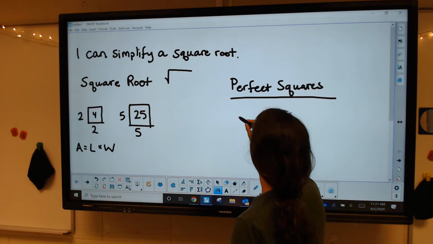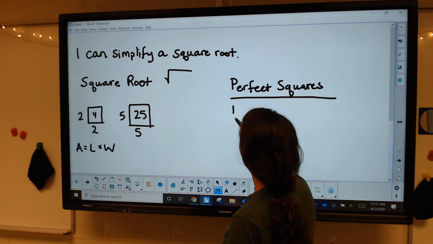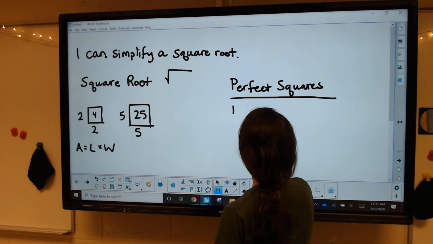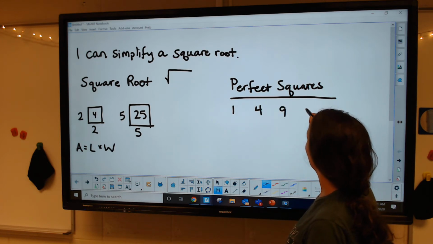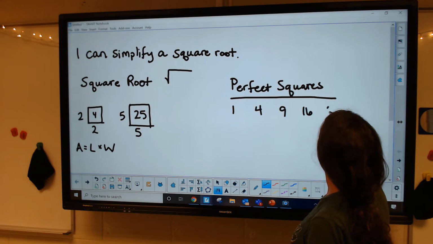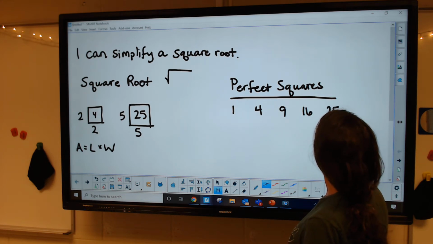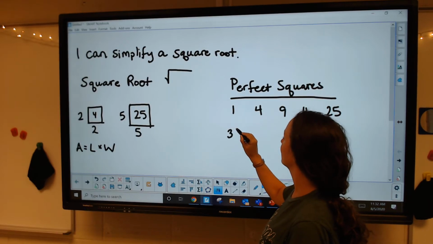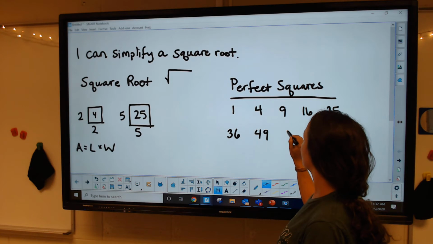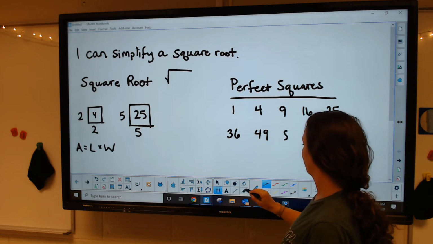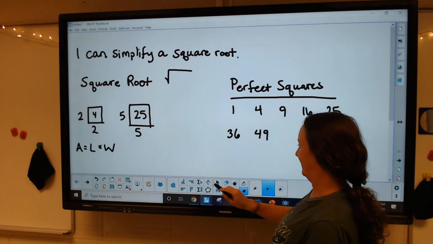So your perfect squares: you have 1 times 1 is 1, 2 times 2 is 4, 3 times 3 is 9, 4 times 4, 5 times 5, 6 times 6, 7 times 7, 8 times 8. Oops, I said 8 and I wanted to write 8.